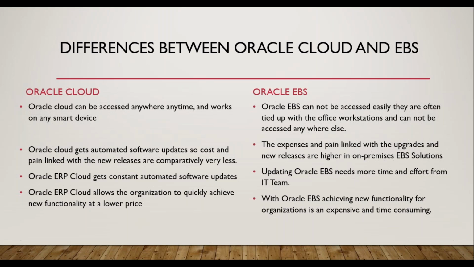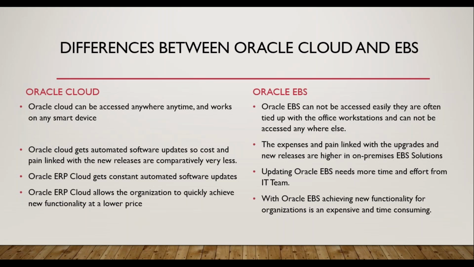Oracle Cloud allows the organization to quickly achieve new functionality at a lower price. Which means if any new functionality needs to be added in Oracle Cloud, the vendor, which is Oracle, does it automatically, and it comes to the customers who are using the SaaS application.